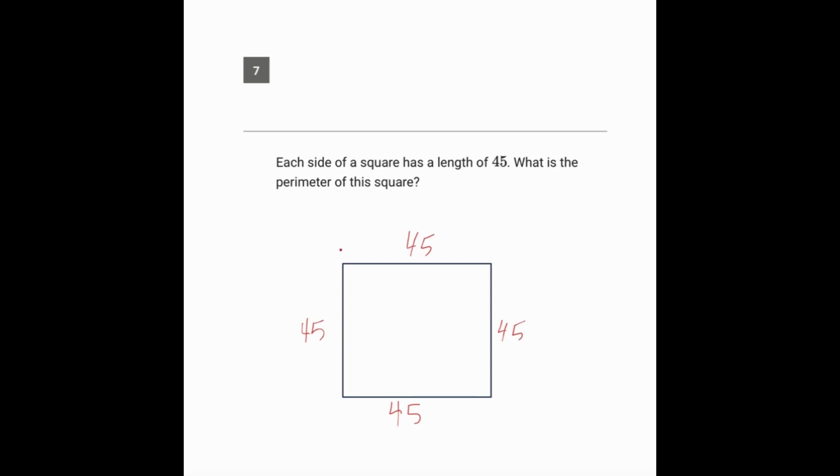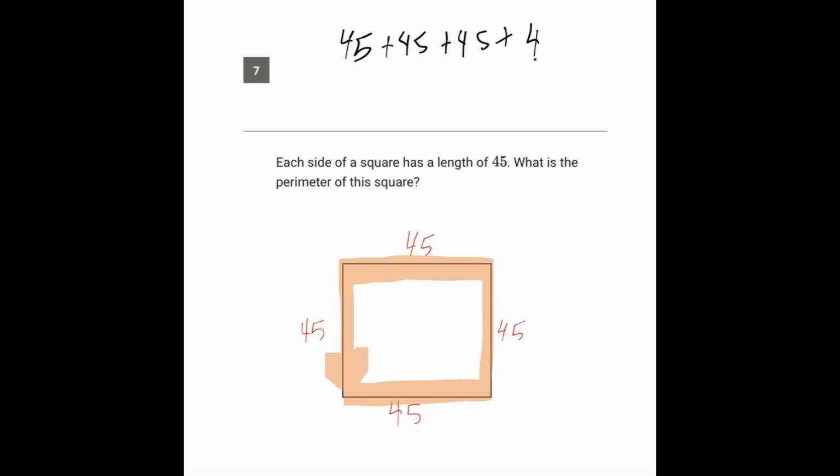And if they asked us for the area, that would be okay, but they're not. They're asking us for the perimeter. The perimeter is just the idea of if I'm walking around this shape, how far would I walk? And the distance that I would be walking would be 45 plus 45 plus 45 plus 45. In other words, 45 times 4. And so the answer is 180.